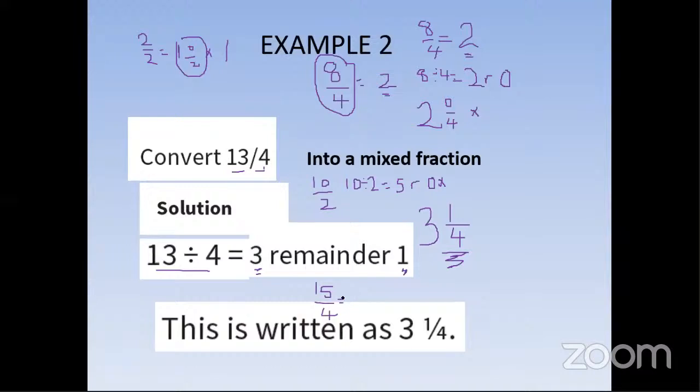Blessing. 15 out of 4 as a mixed fraction: 3 whole numbers, 3 out of 4. Good. So you see that when you divide 15 by 4, you get 3. The remainder is 3. So that's how we are writing our fractions.